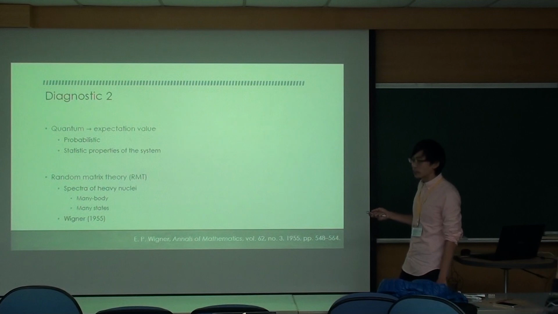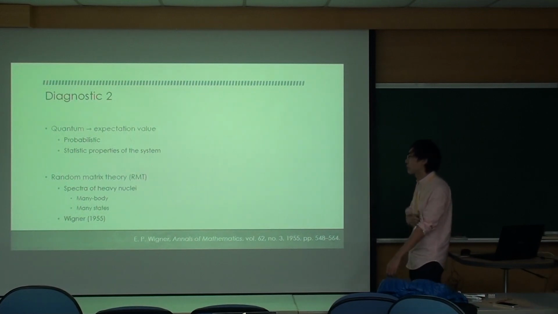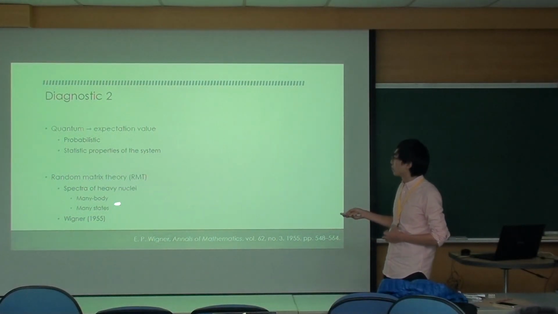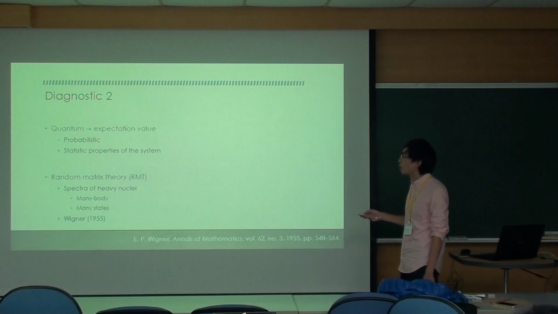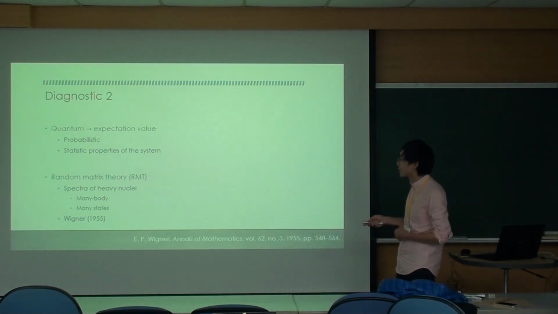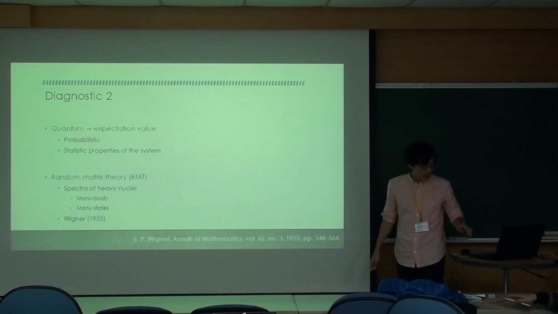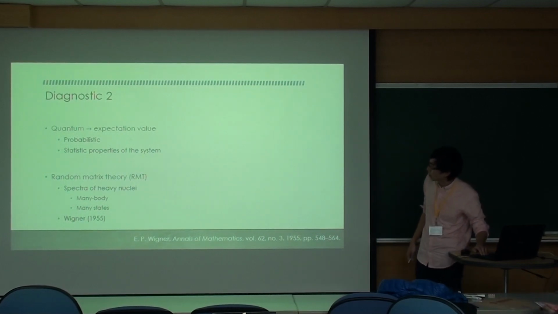In order to extract properties out of this very complicated many-body system, he proposed that we can use random matrix theory to study the spectrum of the nuclei. Instead of looking at individual eigenstates, we can just look at the overall statistical properties. This was one of the first uses of random matrix theory.